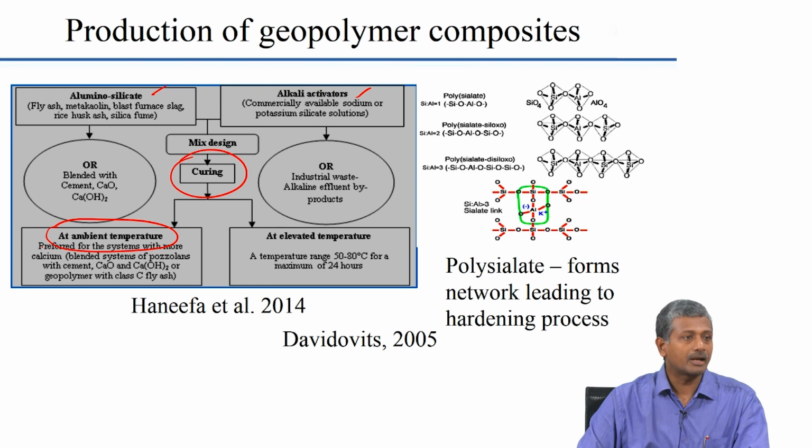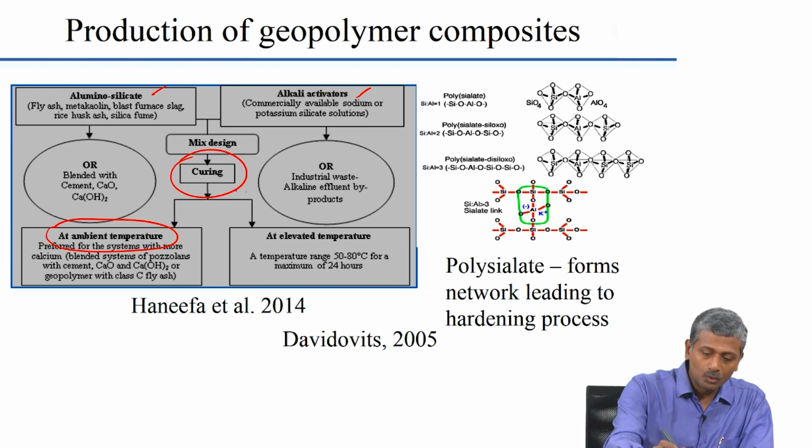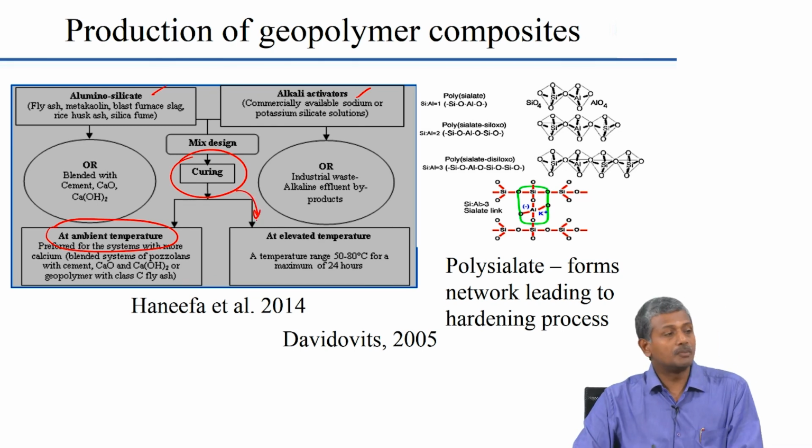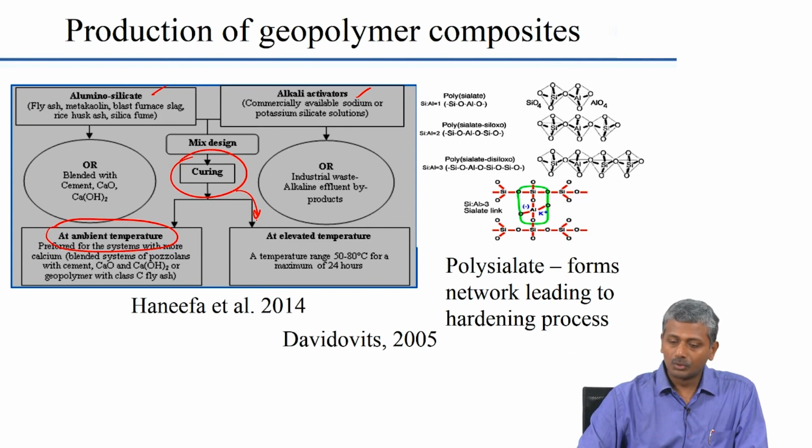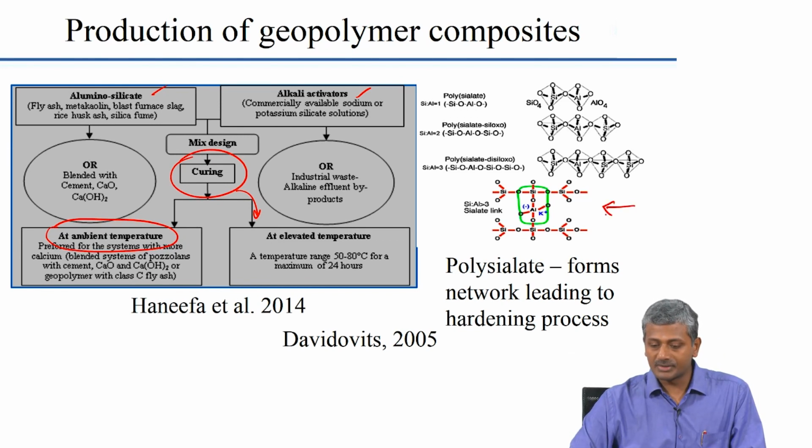So, that is basically alkali activated system, but when you do elevated temperature curing you form the geopolymer system where a temperature range of about 50 to 80 degrees is typically maintained for the first 24 hours, or sometimes I have seen research where they have done it for first 72 hours, 3 days. Okay. So, about 50 to 80 degrees moderately elevated temperatures are used to end up forming structures that look like this. So, what is the structure now?